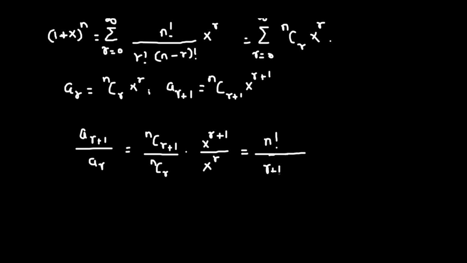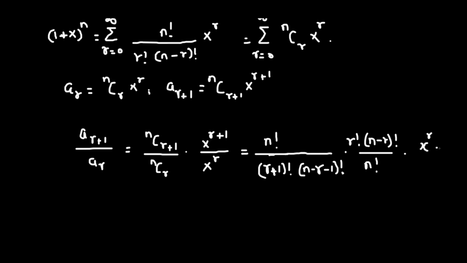(r+1) factorial times (n minus r minus 1) factorial, divided by nCr, which will be simply n factorial over r factorial times (n minus r) factorial, times x raised to the power r+1, which can be rewritten as x to the power r times x, divided by x to the power r.